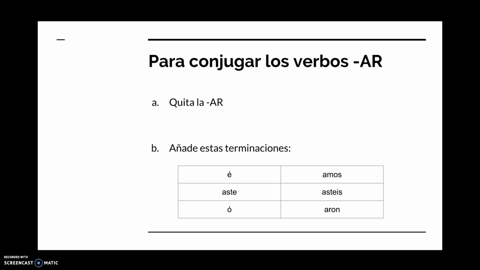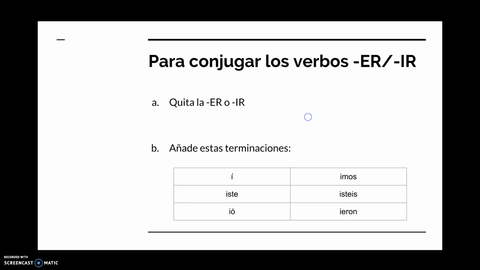Remember to make sure that you note the accent over the A of the yo form and the O of the usted form, because without these accents, conjugations of regular AR verbs in the pretérito can mean something completely different. Ahora, pausa el video y conjuga el verbo cocinar al final de la página 1. Once you're ready, start the video again and move on.